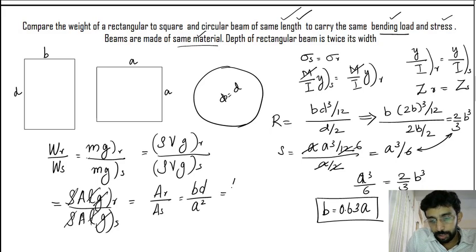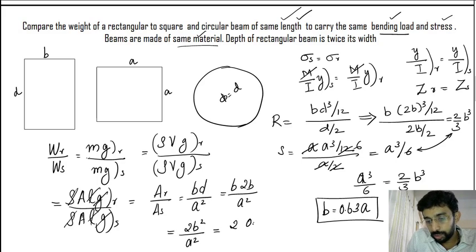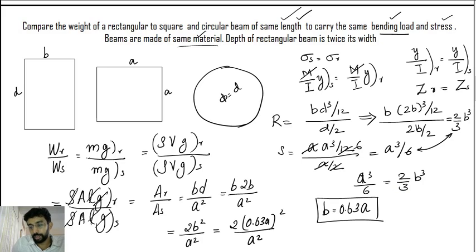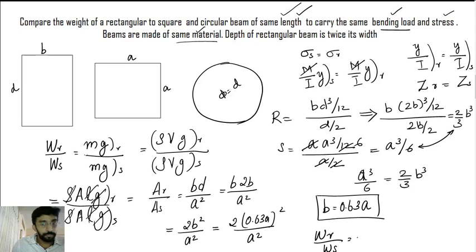This is b into 2b divided by a squared, which gives 2b squared divided by a squared. This is equal to 2 into (0.63a) squared divided by a squared, and we get W_R divided by W_S equal to 0.7938.